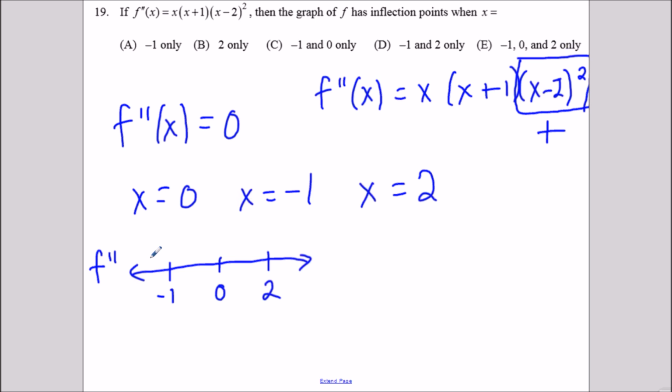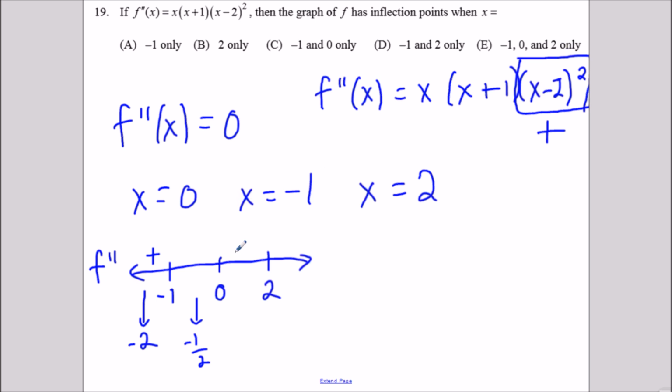So if we look here, let's say I plug in negative 2 for the first interval. If I plug in something like negative 2 into the second derivative, I'm going to have negative 2 times negative 1, which works out to something positive. If I plug in, and this is all going on mentally, let's say negative 1/2, I'll have negative 1/2 times positive 1/2.